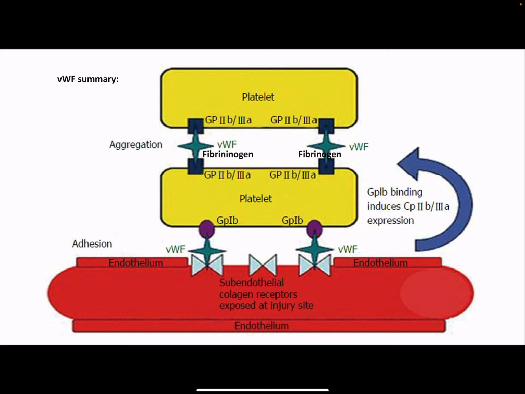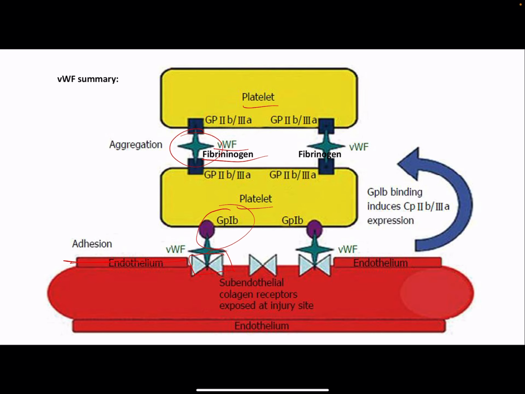So just to recap the role of von Willebrand factor in platelet activation: here's my endothelium, so this would be sub. Von Willebrand factor will bind to GP1, and that is the adhesion component, but then the aggregation component is that von Willebrand factor or fibrinogen, usually fibrinogen, will be the factor which binds the GP2 and GP3 from one platelet to another platelet.